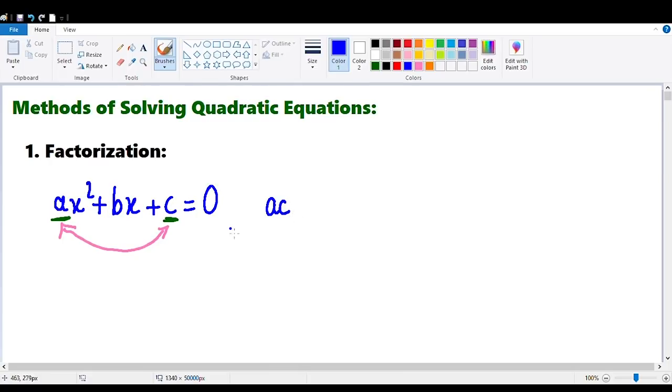This is the product for now. Whatever the product is, you got to split bx into two terms which, when you multiply them, their product is equal to ac, and when you add them together, they sum up to bx.